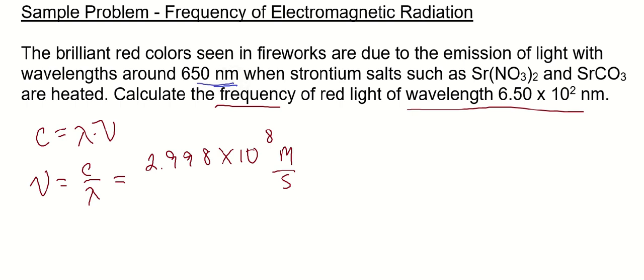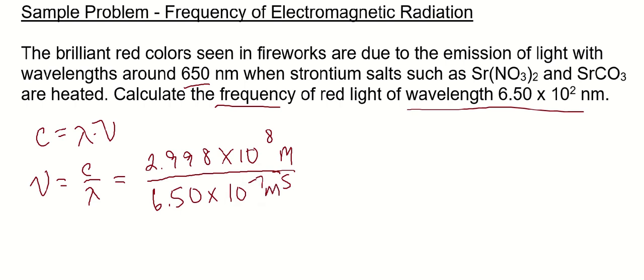Maybe you've done enough of these to know that when you have hundreds of nanometers, it's just going to be that same number times 10 to the negative 7 meters.